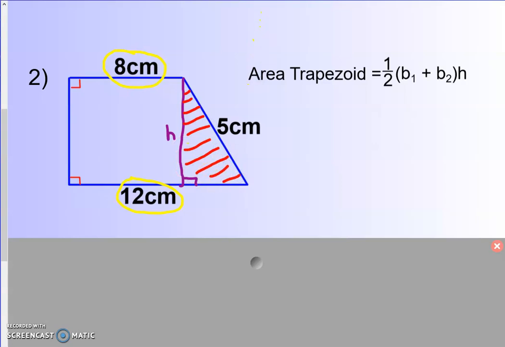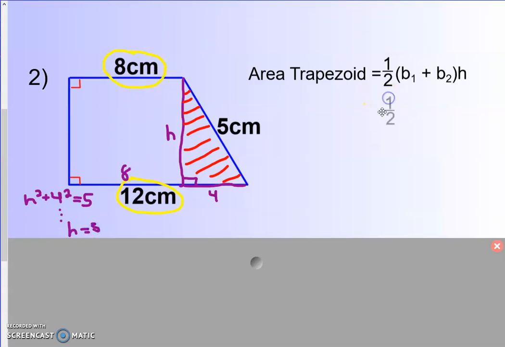First of all, I need to know this side. If this is 8, then down here this would be 8. But if the whole thing is 12, that makes this 4. So using the Pythagorean theorem, I can say h squared plus 4 squared equals 5 squared. And you can do the calculations, and it's going to turn out h is 3.